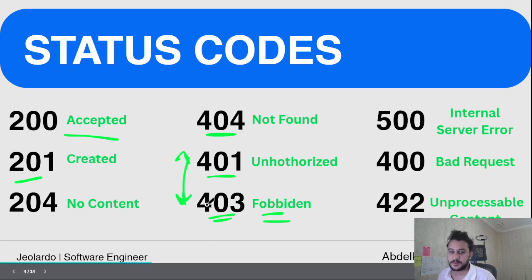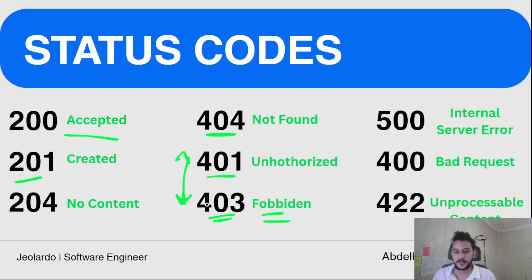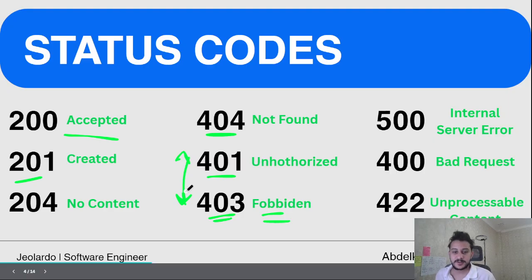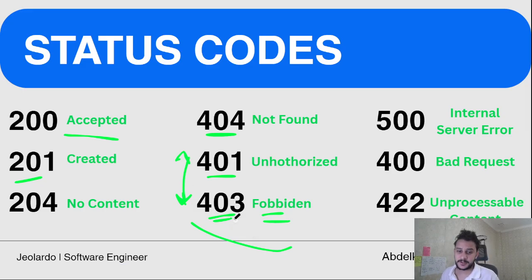So here, for example, if you want to access the admin path dashboard, and you already authenticated, you already have an account, here it should return forbidden, like 403, and will redirect to the home page.